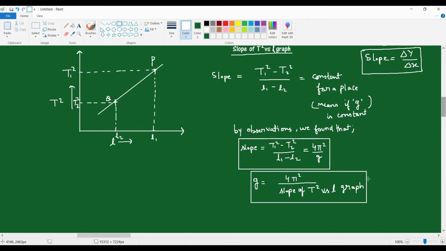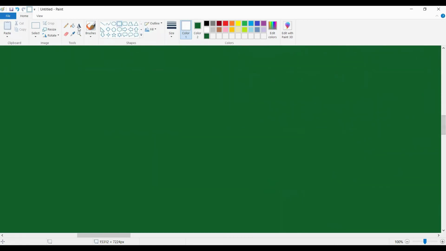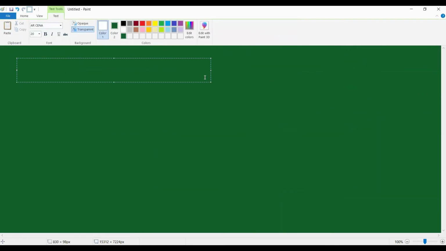Now, we will discuss the factors affecting the time period of simple pendulum. Next topic is factors affecting time period of simple pendulum.